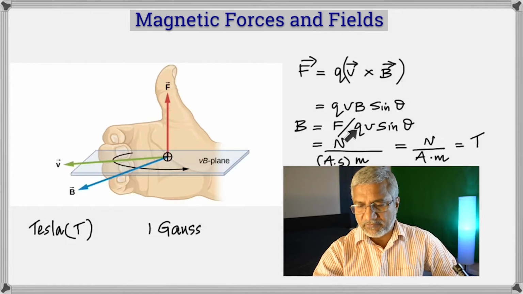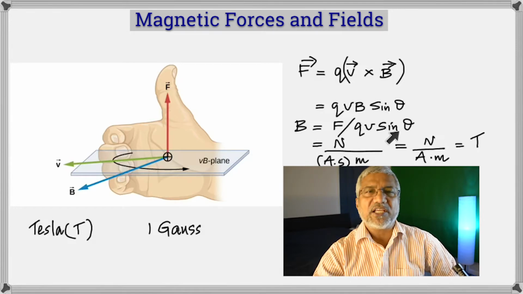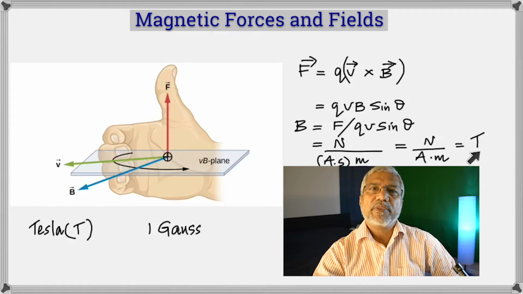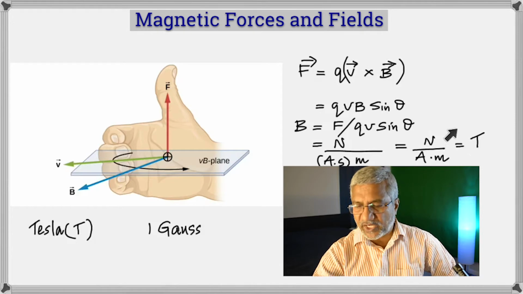So if you give the unit of force as Newton, charge is ampere second, velocity is meter per second, and sine theta is a number, it has no unit. That simplifies to Newton by ampere meter because the seconds cancel out. This is called a Tesla. So Tesla is defined in terms of other units.